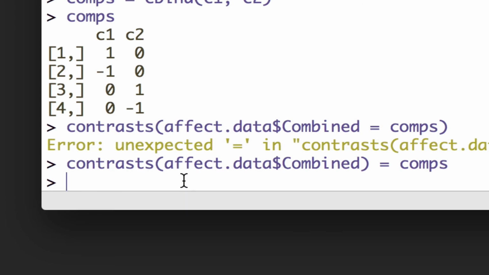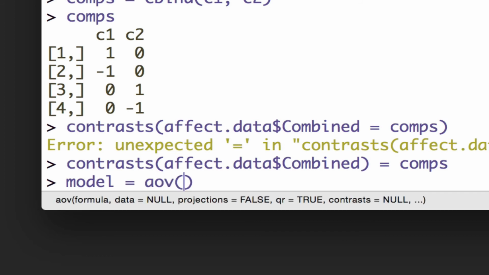So we're going to follow a very similar procedure to what we did in the main factorial ANOVA video, so check that out if you don't understand any of this. But we're just going to create a model object, and we want the model to be an AOV object, an ANOVA object, and we're predicting positive affect.